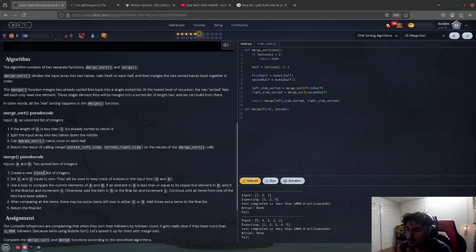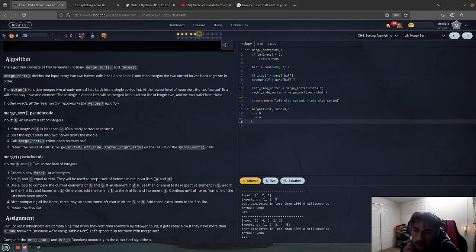Set i and j equal to 0. Oh, okay. So i equals 0, j equals 0.